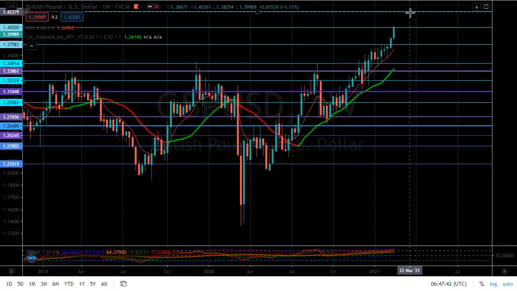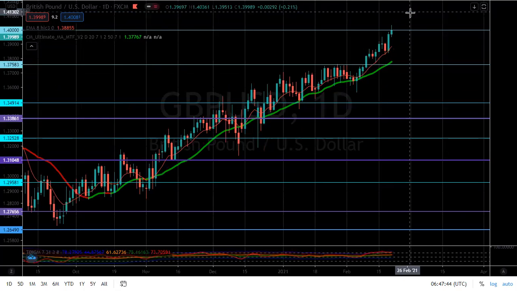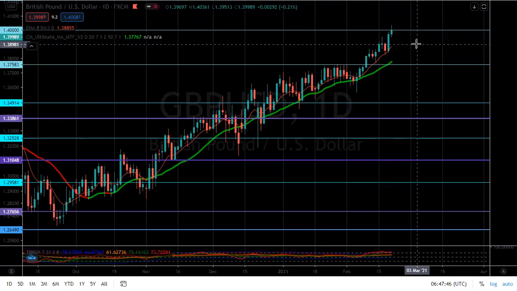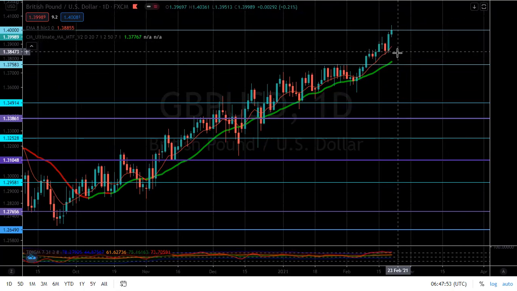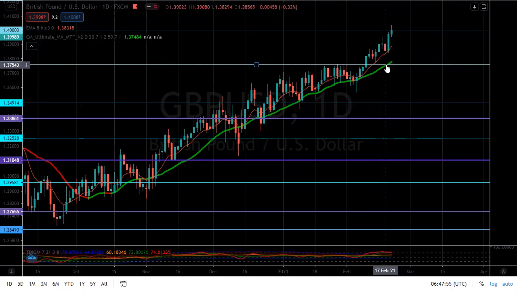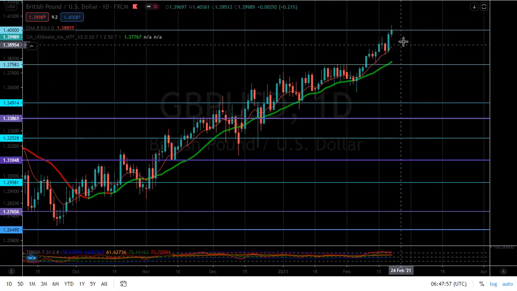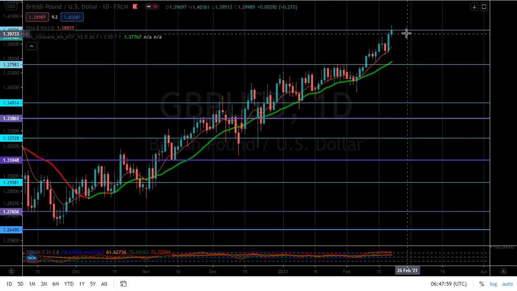Let's look at the daily time frame to get a clearer view of what the market most likely would do. From what we have here, we've seen price put up new highs. We only got a retracement on Wednesday, and we've got a strong move to the upside. What we got here, I would want to see a retracement into the 1.3975 area.